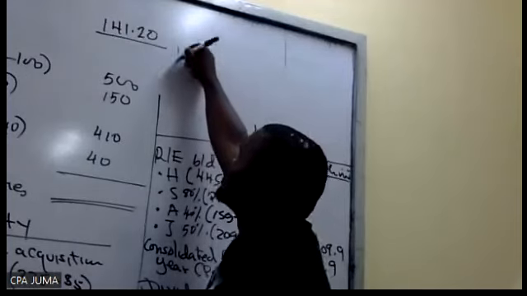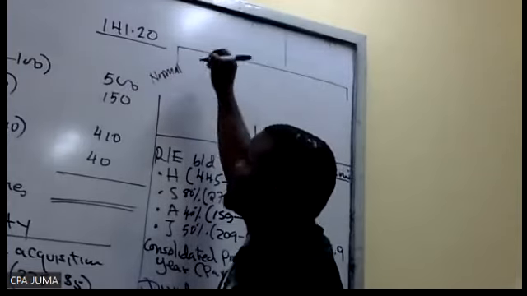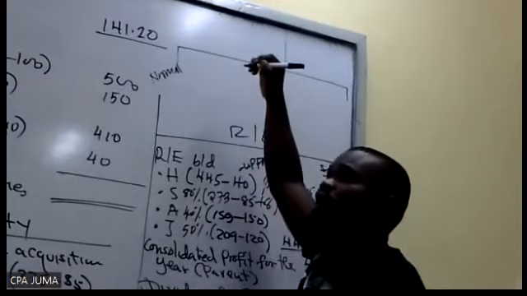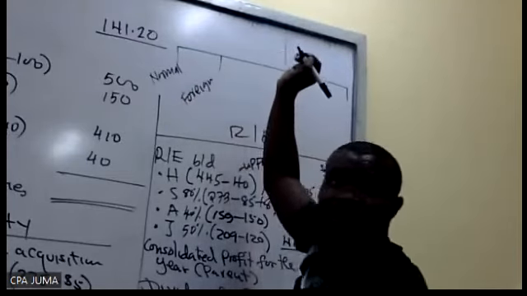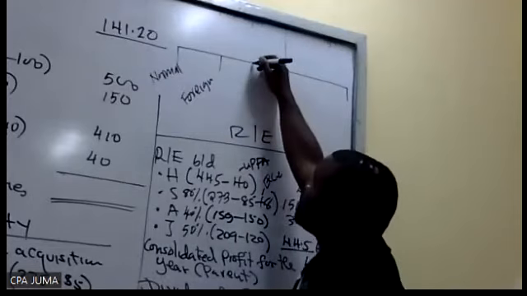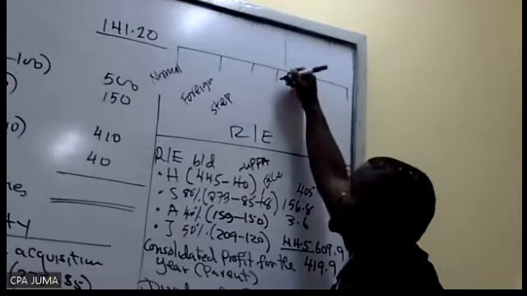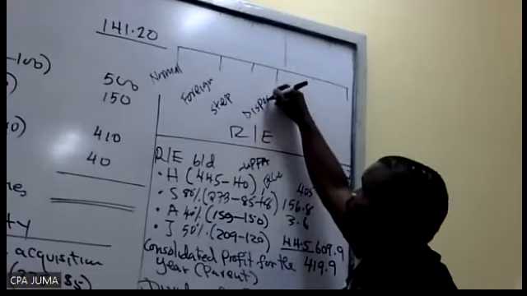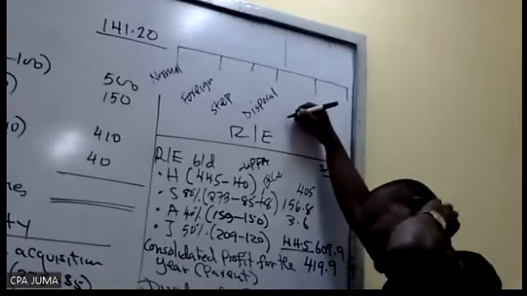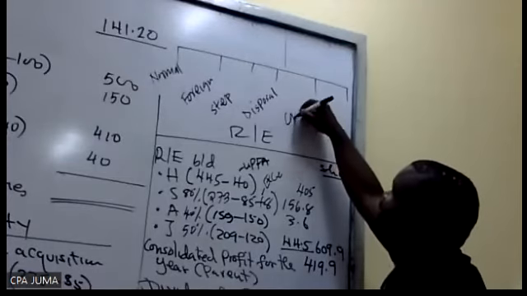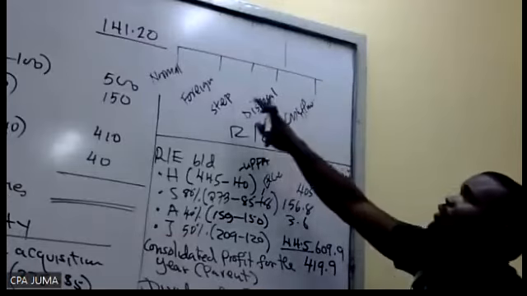There is normal consolidation, there is foreign consolidation, there is step consolidation, there is disposal consolidation. Those are 4. Then the 5th is cash flow, consolidated cash flow.